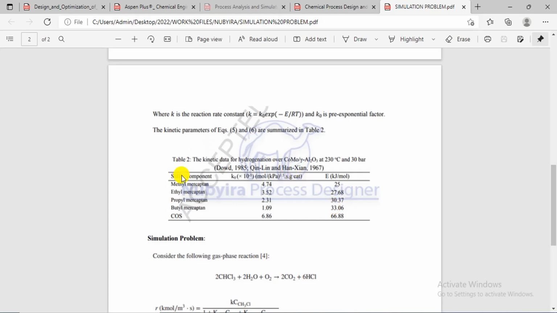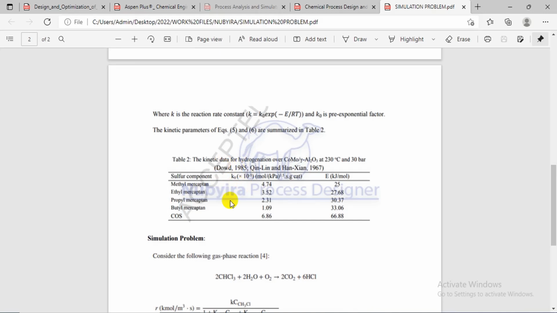So this particular model should not even be simulated with Aspen Hysys, right? It shouldn't, because the rate expression, now this K is dependent on the rate expression, right? It's dependent on the rate of the reaction.